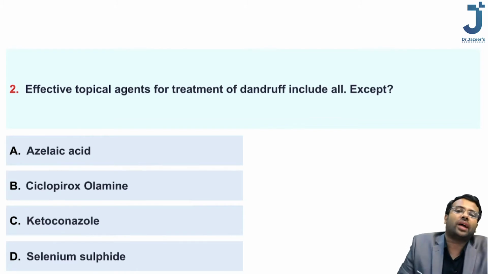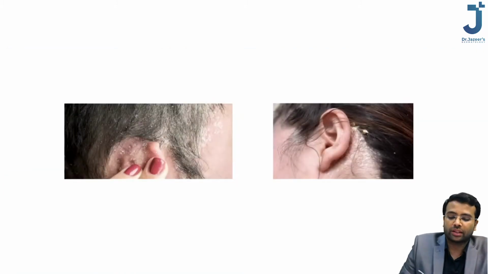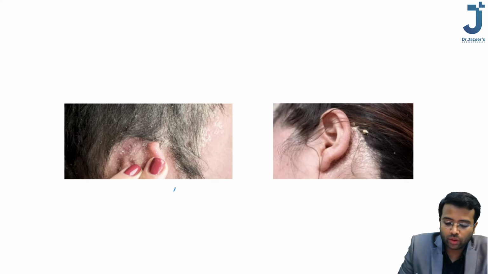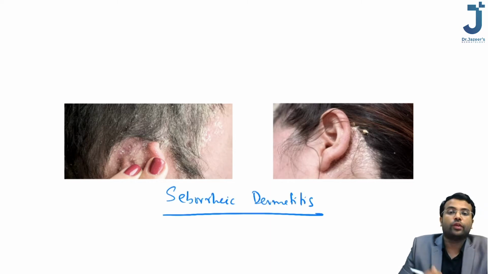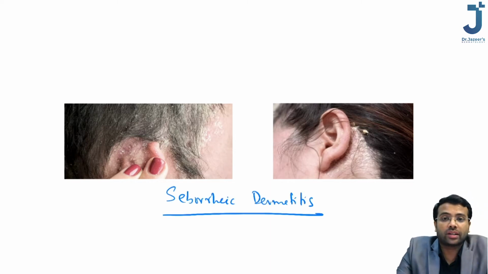So what do you mean by dandruff? Dandruff in medical terminology we call seborrheic dermatitis. So we are talking about seborrheic dermatitis now, and we all know that in seborrheic dermatitis, there is a hypersensitivity reaction of our body to a commensal yeast, as in Pityrosporum ovale, isn't it?